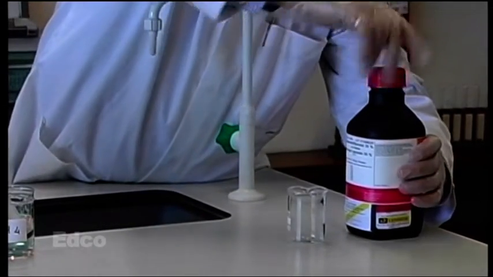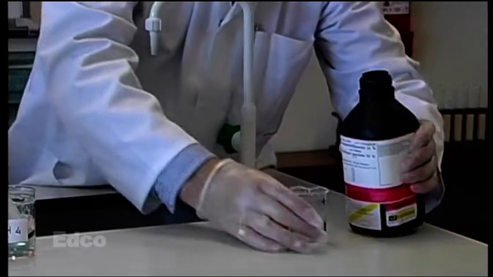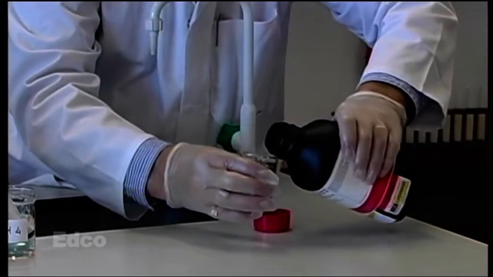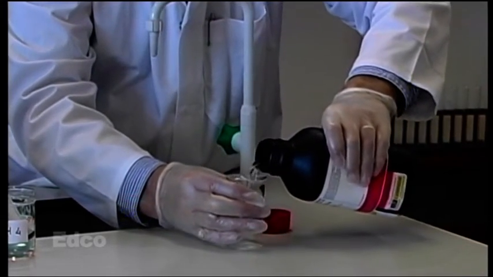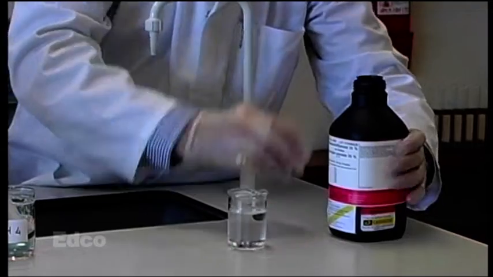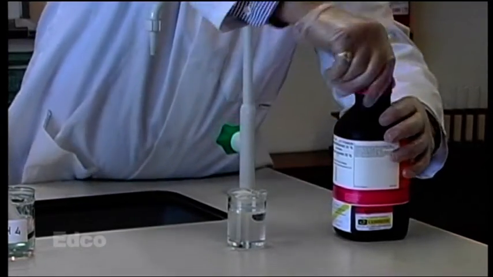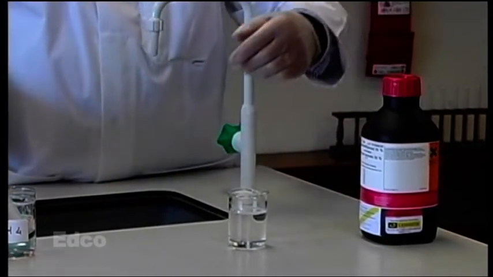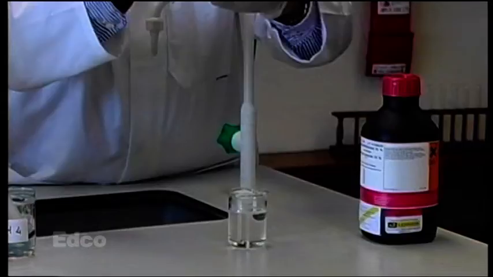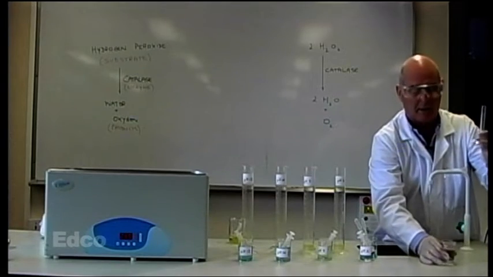So we'll transfer some to a beaker. And with the hydrogen peroxide, we'll pour 5 cubic centimetres into a small graduated cylinder. So just 5 cubic centimetres of this.